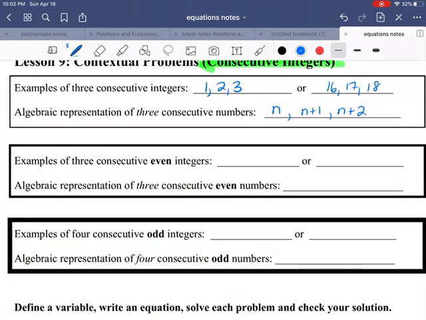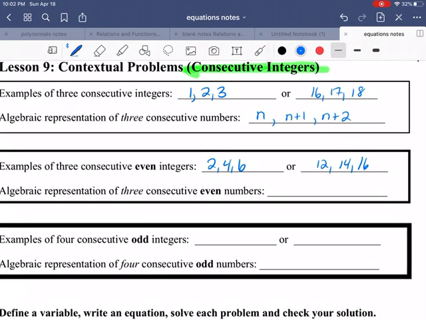Consecutive even numbers, so 2, 4, and 6 are consecutive even numbers, or for example 12, 14, and 16. Algebraic representation of 3 consecutive even numbers: the first one you start off with is 2n, the next one is 2n plus 2, and the one after that is 2n plus 4.